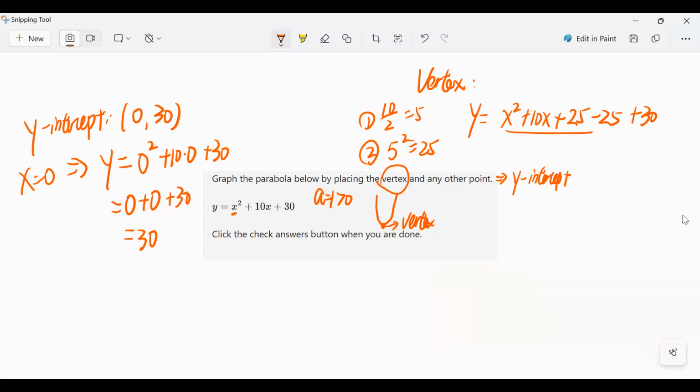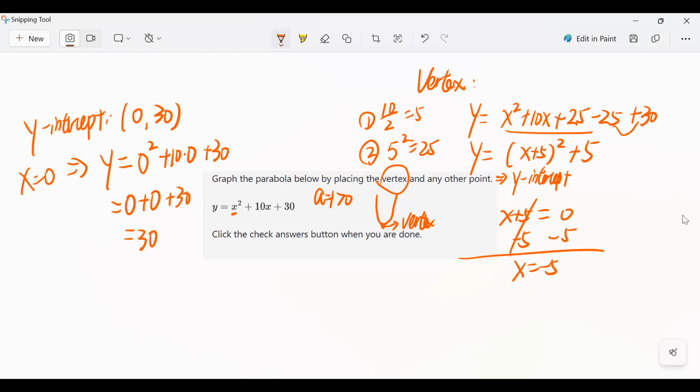So keep the first three terms, that's a perfect square. Combine the other two numbers. y equals (x plus 5) squared, plus 5. Now set x plus 5 equal to 0, to find the x coordinate of the vertex. Negative 5.